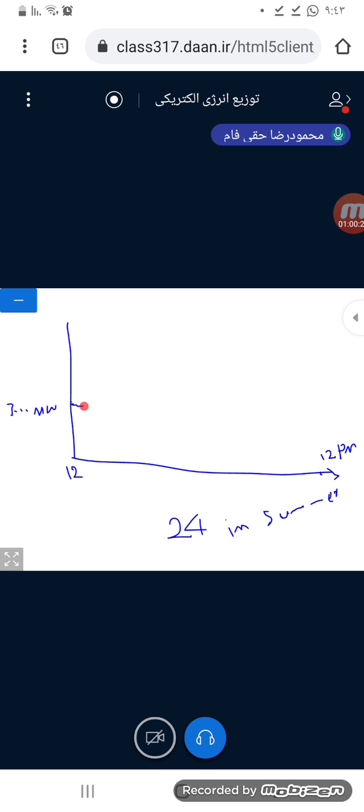This decreased very, very slightly, at 4 a.m. reaching 28.